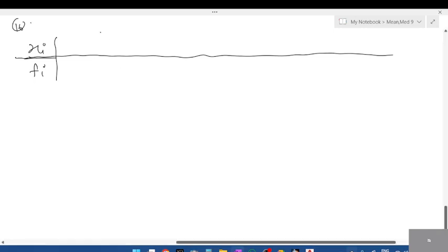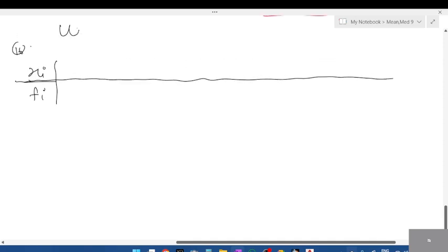Look at the 16th question, last one. Using step deviation method. Read the question later. You have to solve using step deviation.